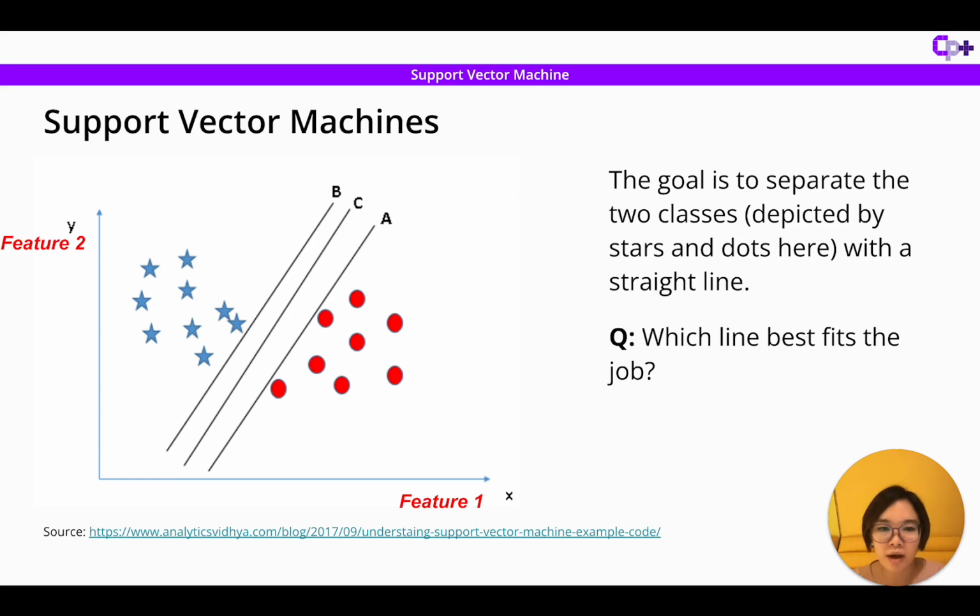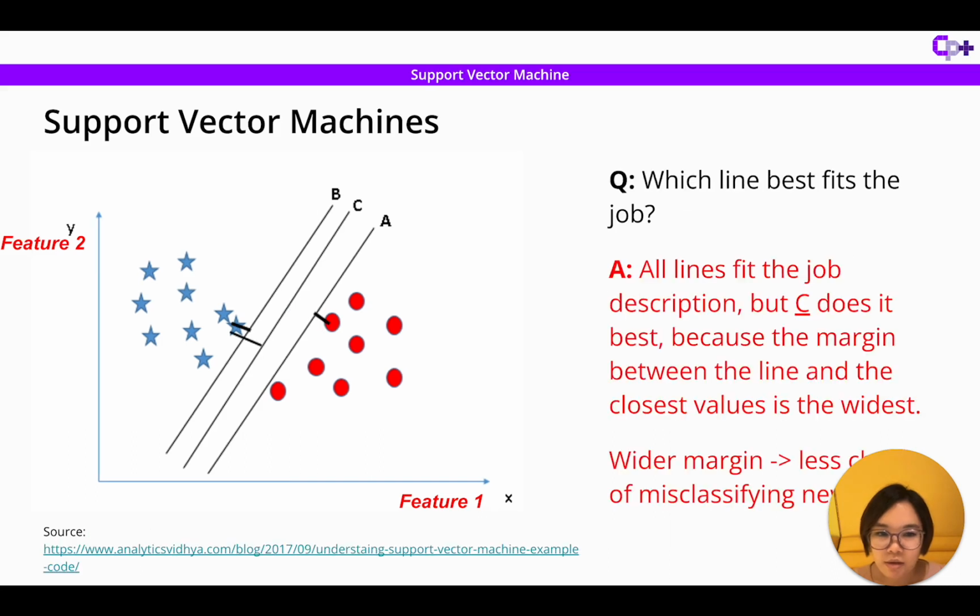So now I ask you another question: which line best fits the job to separate the stars and the dots?